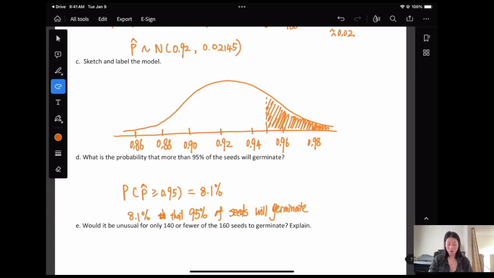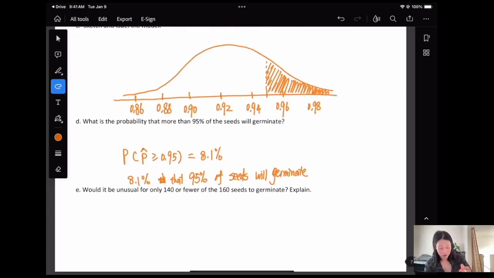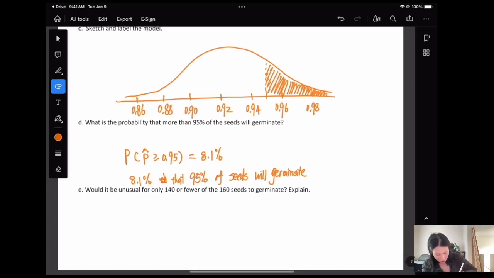Next one, would it be unusual for only 140 or fewer of 160 seeds to germinate? Explain why. So now we can try to figure out only 140 or fewer of 160 seeds. So let's look at 140 out of 160. That is 0.875.